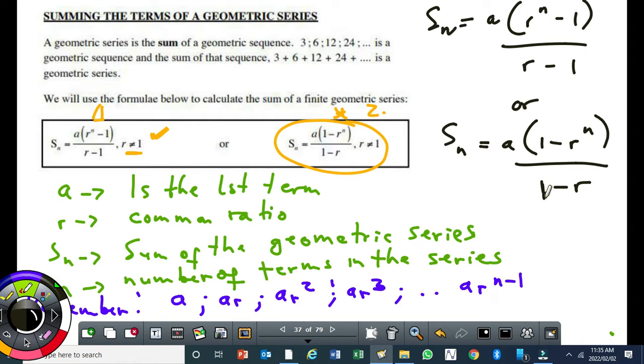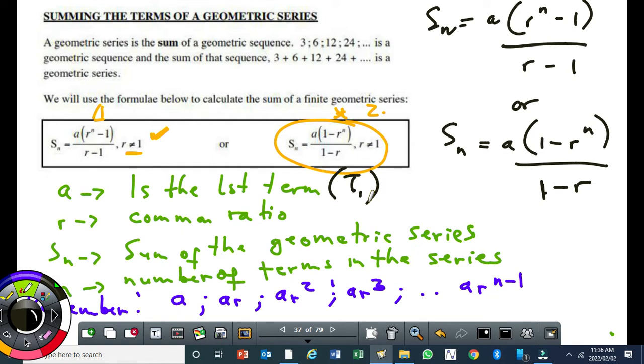So, the A stands for the first term, T1, which you already know. The r is the common ratio, which is equal to T2 over T1. It's also equal to T3 over T2, T4 over T3, and so on.